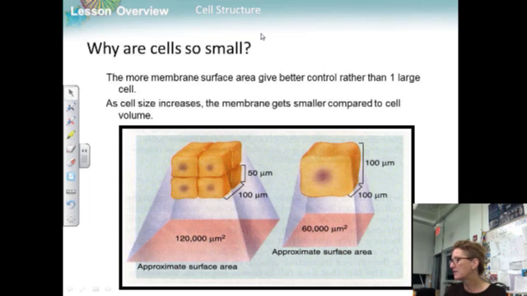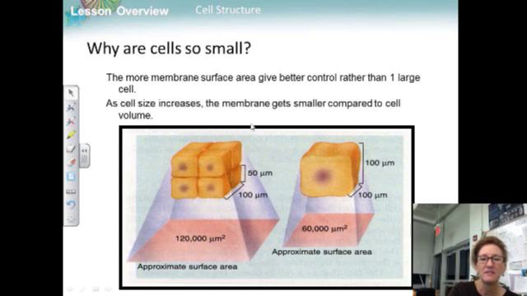If you have one large cell, you have less control over all the organelles and everything. That's why cells divide, because they get too large. We'll learn about that more too. As the cell size increases, the membrane gets smaller compared to the cell volume. So they need to keep themselves small enough to control everything that goes in and out. Otherwise, things get out of control.